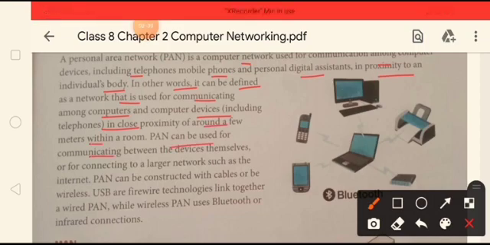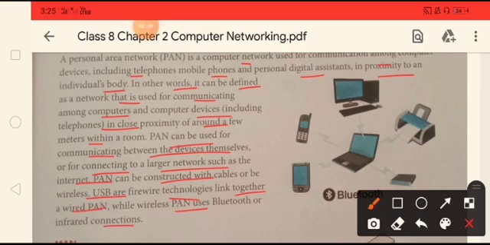PAN can be used for communicating between the devices themselves or for connecting to a larger network such as the internet. PAN can be constructed with cables or be wireless. USB or FireWire technologies link together a wired PAN, while wireless PAN uses Bluetooth or infrared connections.